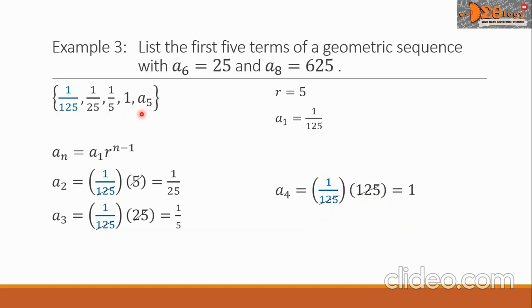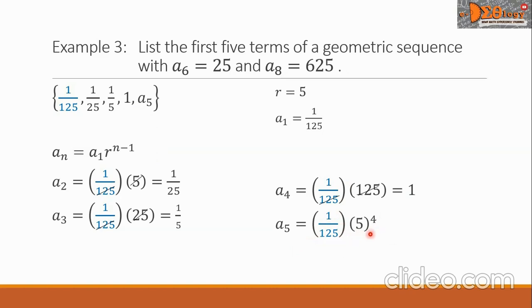And the last term is a sub 5. Using our general term formula, this is equal to a sub 5 equals a sub 1 times r raised to 5 minus 1, which is equal to 4. Substituting our a sub 1 as 1 over 125, the common ratio of 5 is here, raised to 4.